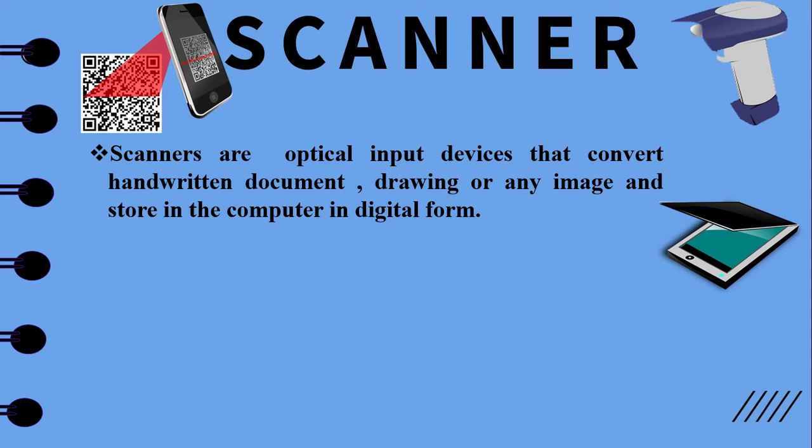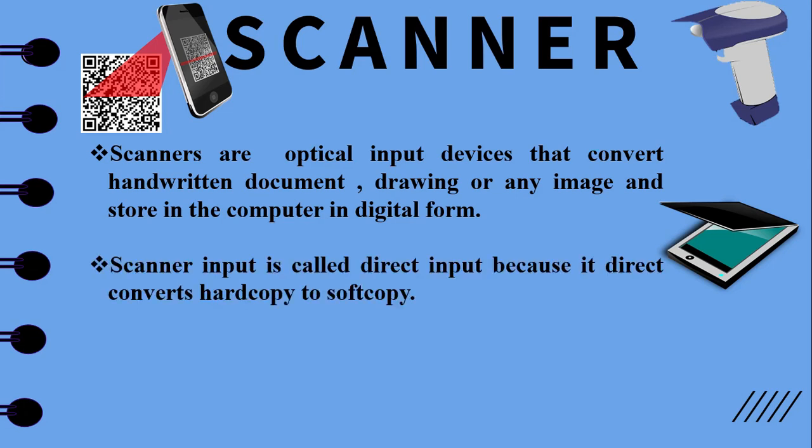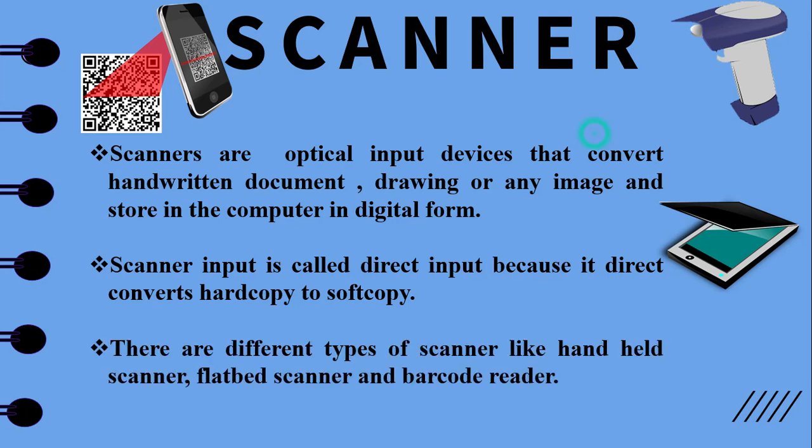Scanner input is called direct input because it directly converts hard copy to soft copy. There are different types of scanners like handheld scanners, flatbed scanners, and barcode reader is also a type of scanner.